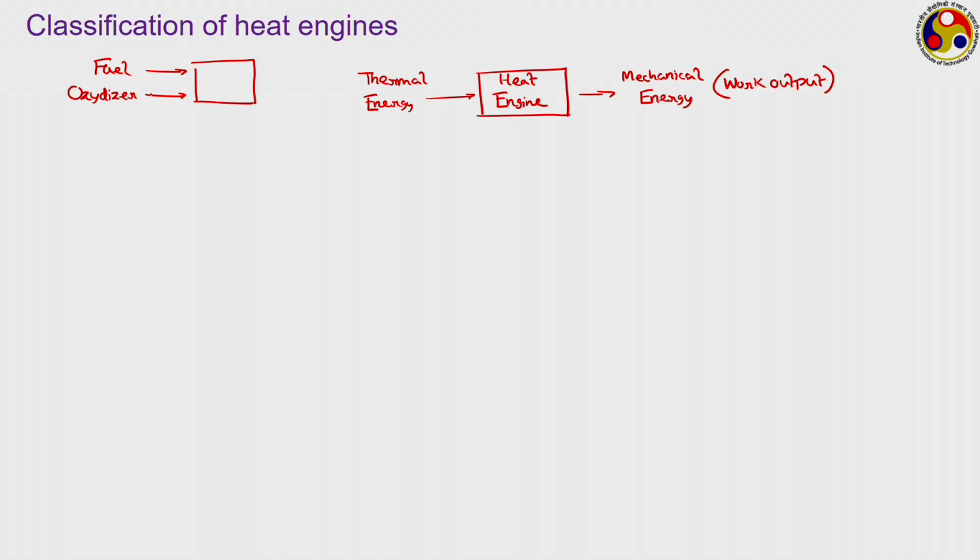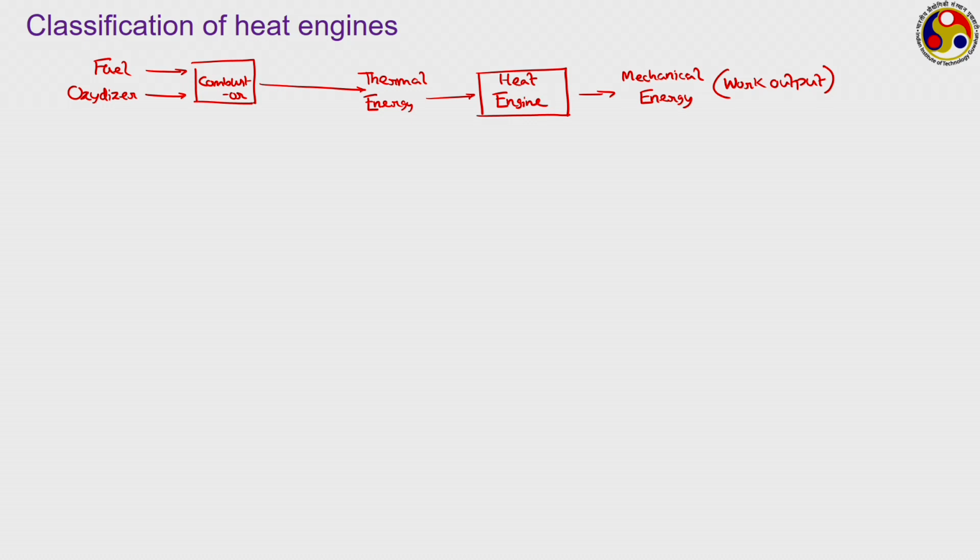There the combustion reaction goes on, and we can call this device a combustor. Because of this exothermic chemical reaction, the chemical energy stored inside the fuel and oxidizer gets converted to thermal energy, which we can subsequently use in the heat engine.